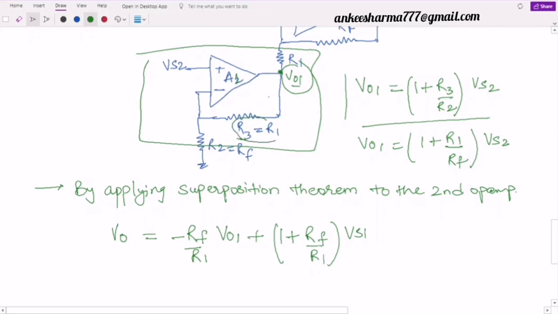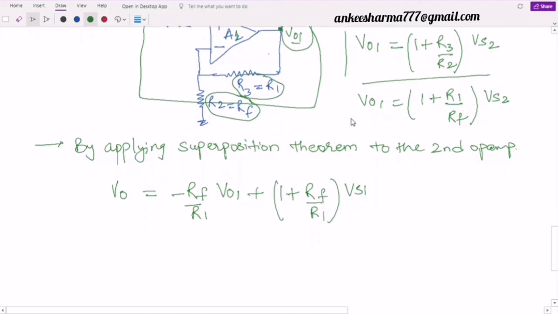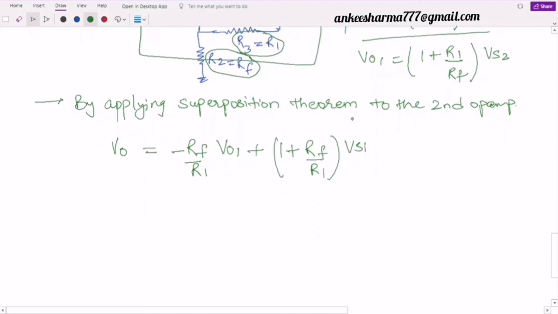I have assumed that this value is equal to R1 of my second stage, whereas this R2, this series resistance, is equal to the RF of my second stage. That's why, when I am substituting the values, it seems like 1 plus R1 by RF. So I will substitute these values for the V01 over here.